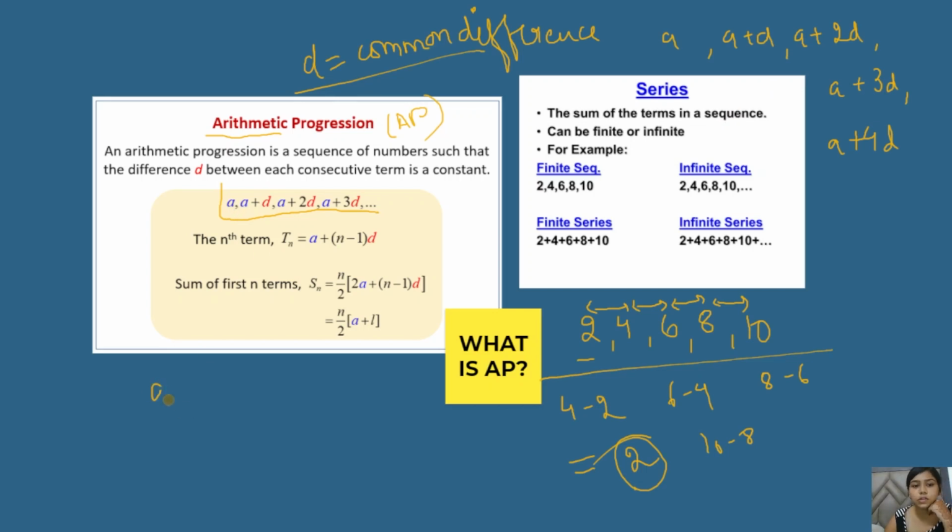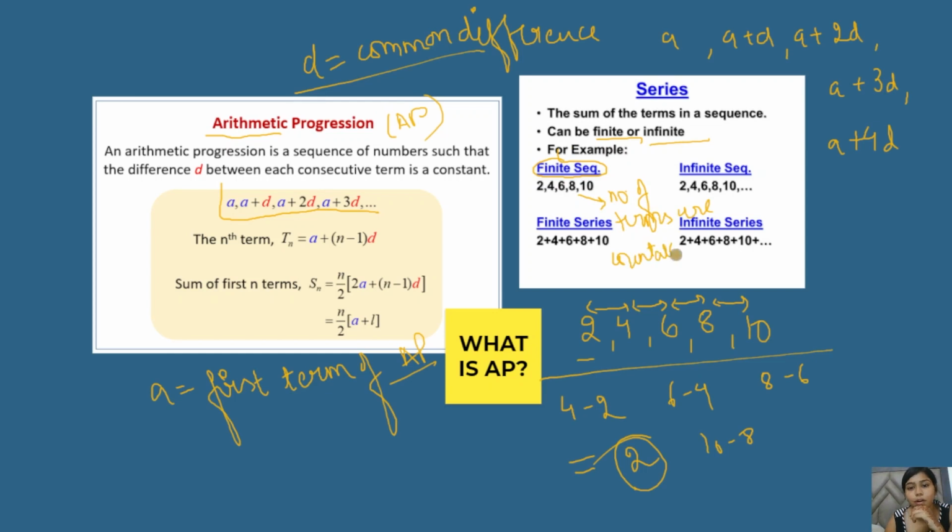A is the first term of the AP, that is why we call it the first term. Basically, an AP can be of two types: finite and infinite. Finite series are those APs in which the number of terms is countable, or finite.